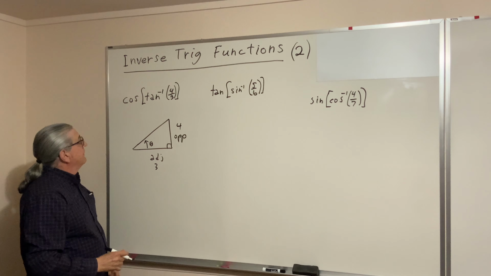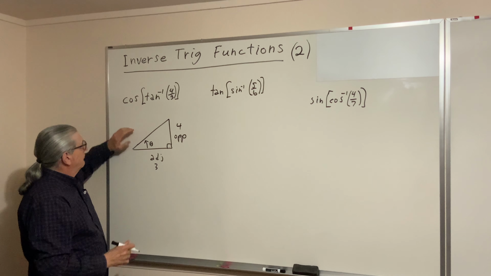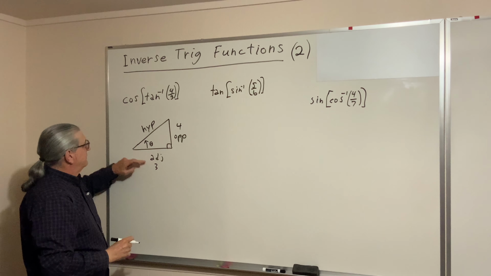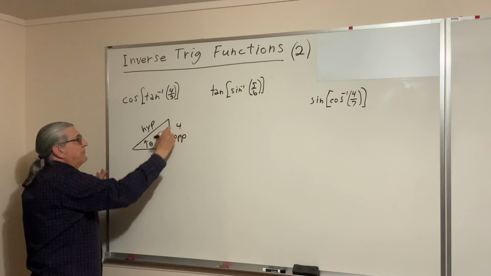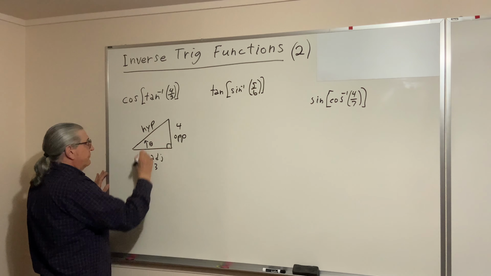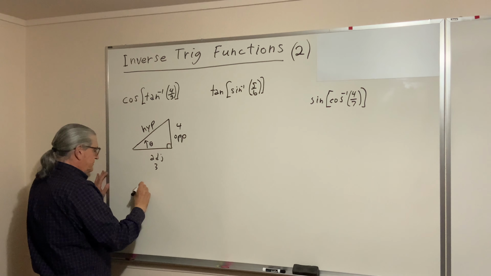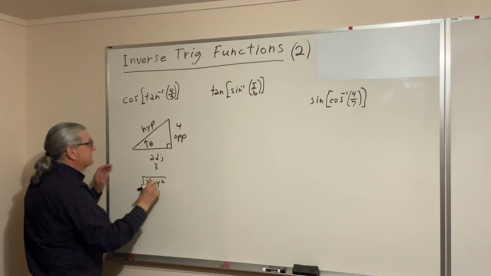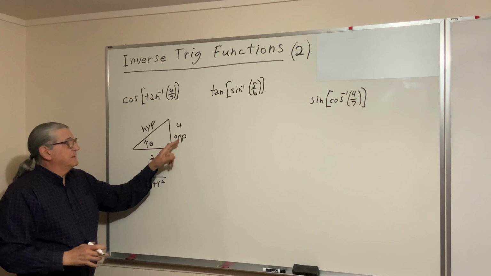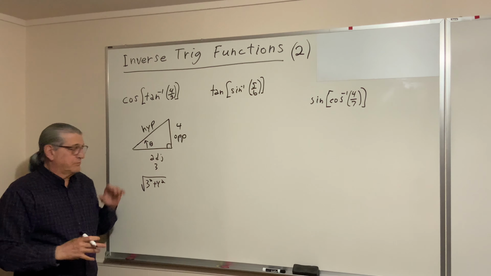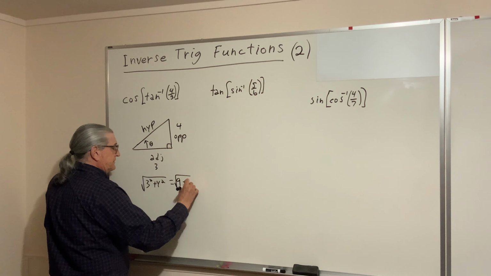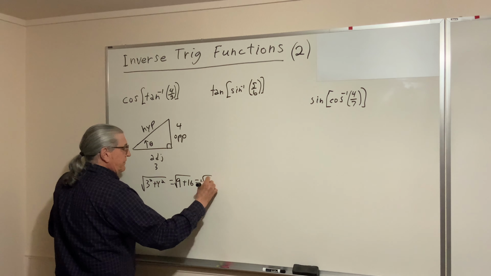All right. So to get the cosine, we're going to need the hypotenuse and the adjacent. So I made a nice easy triangle here. This side here is just the square root of 3 squared plus 4 squared. This is the hypotenuse, so it's going to be the sum of these two squared, the square root of that, which is the square root of 9 plus 16, which is the square root of 25.